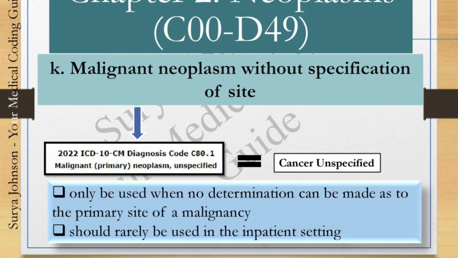It is equal to cancer unspecified. So, the patient has a cancer, but it is an unspecified cancer or unspecified neoplasm. It can be used only when no determination can be made of the primary site of malignancy, and also it should be rarely used in the inpatient setting.